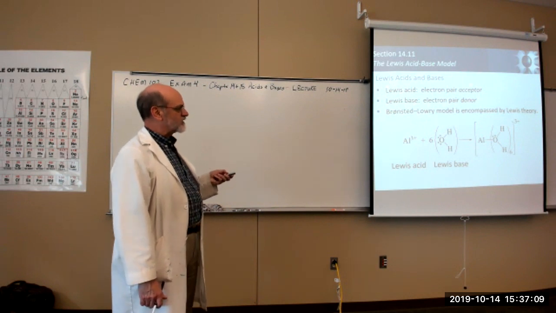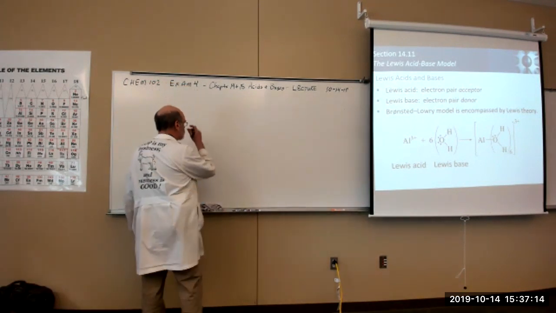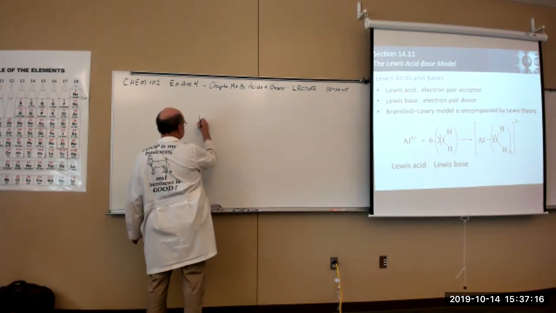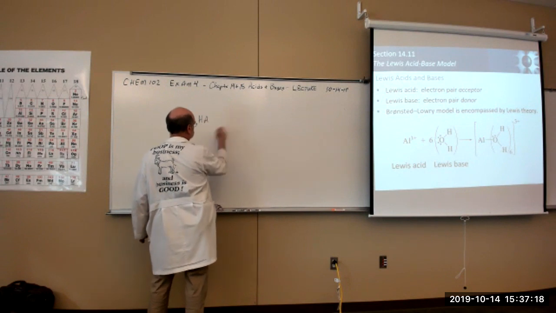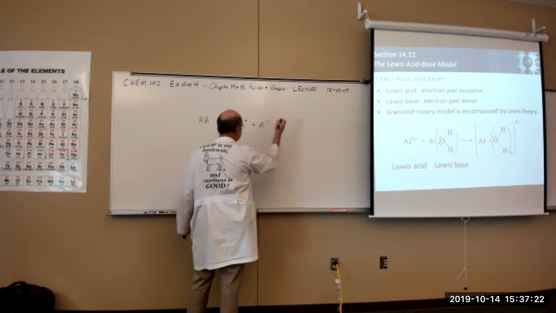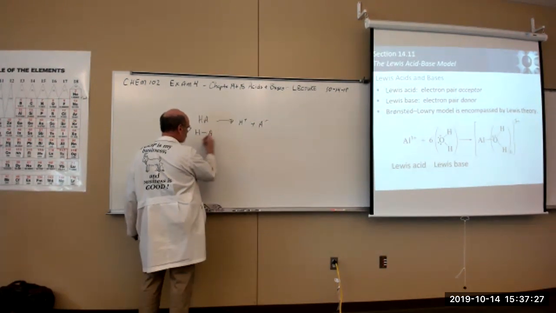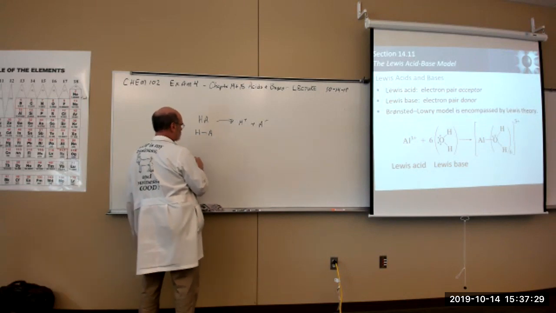A Lewis acid is an electron pair acceptor. So let's see what that means. If we say an acid donor in the Bronsted-Lowry is like this, then we look at the acid like that, and what happens?